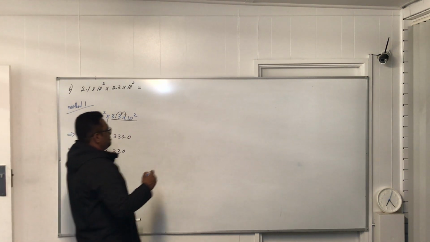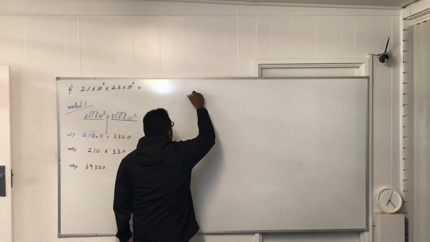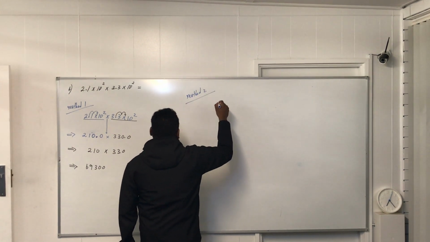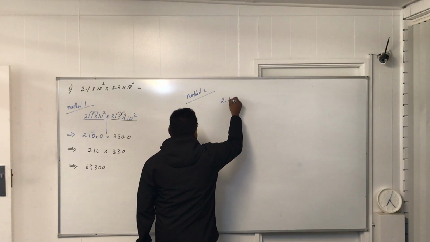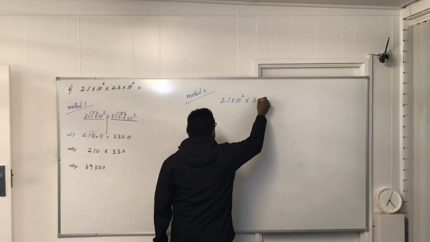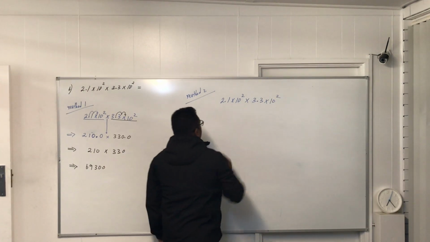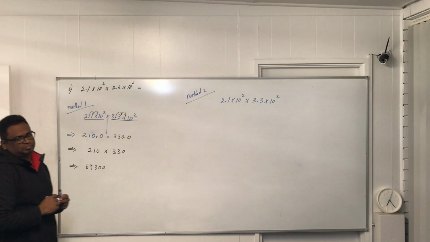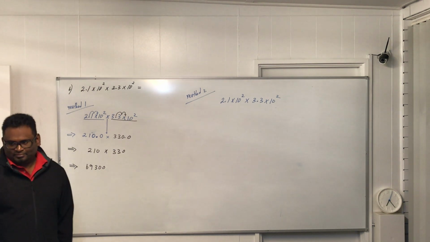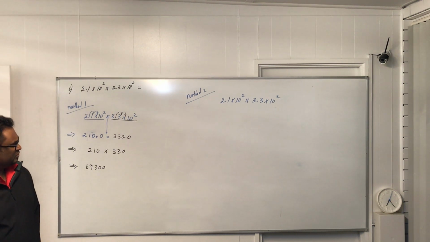Method 2. My question is, okay, what should be my method 2? Can you predict? I think just 2.1 times 3.3 times 10 power 2.